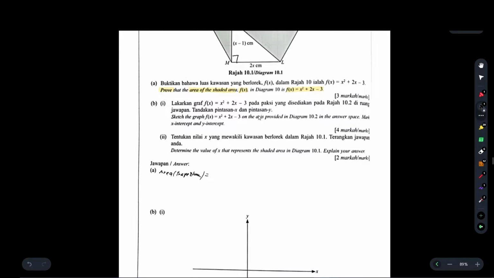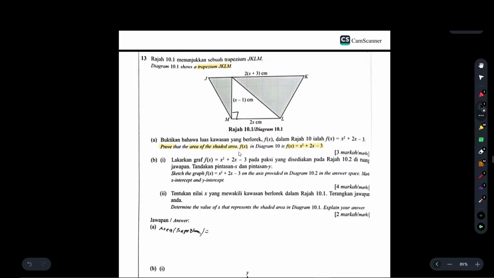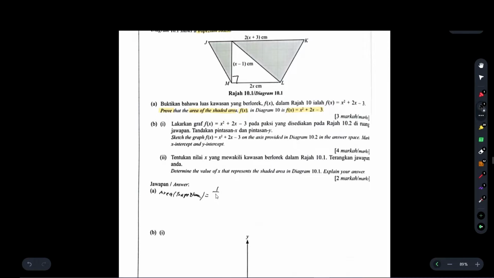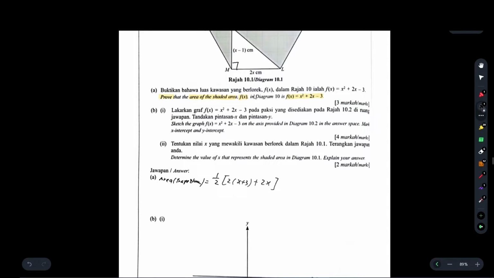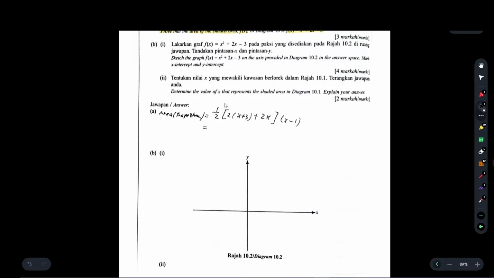The area of a trapezium is 1/2 times (2s plus 3 plus 2s), because these two sides are parallel to each other, times the height, s minus 1.